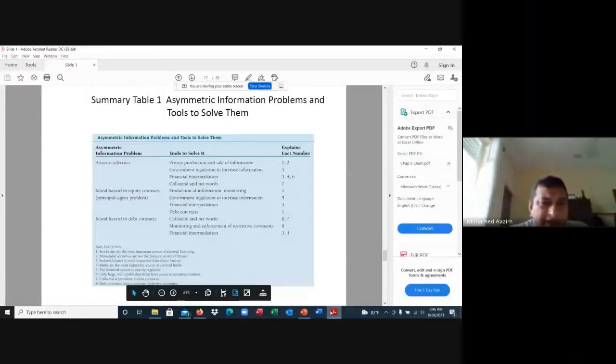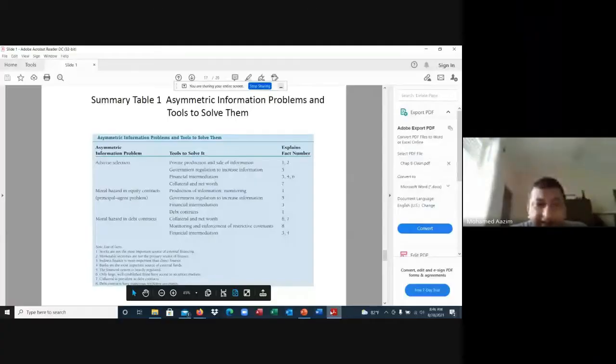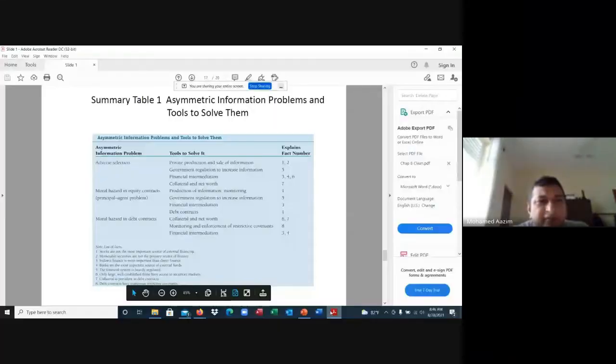So you see these asymmetry problems in the form of adverse selection, moral hazard, and moral hazard again divided in the form of equity contracts and debt contracts. So the facts are also listed here underneath, right? So you can straight away see, to solve adverse selection, what are the tools?